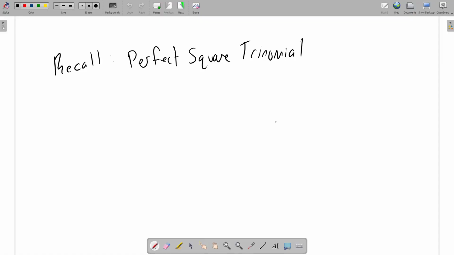So before we start looking at the process for completing the square, let's recall what a perfect square trinomial is, because this is going to be important when we look at the process. A perfect square trinomial is when we have a squared plus 2ab plus b squared, and this can get factored into (a plus b) squared.